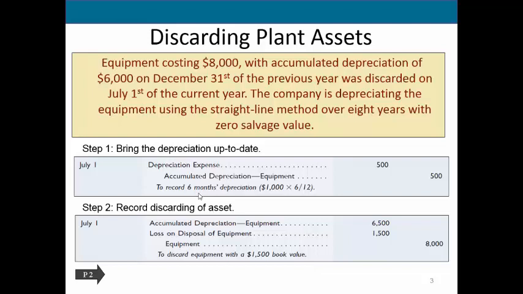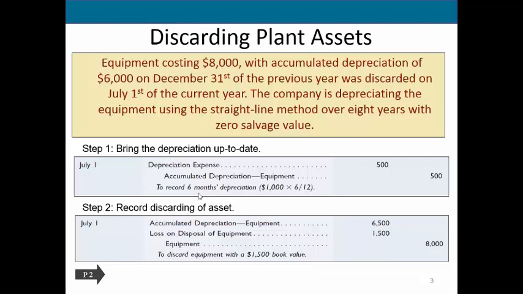Now we're at July 1st, so we're only going to depreciate it for the first 6 months of the year, from January all the way through June. So $1,000 multiplied by 6/12, or 1/2 of a year, is $500 of depreciation. So now our depreciation is up to date, and we can get the asset off of our books. Let's go back and look.